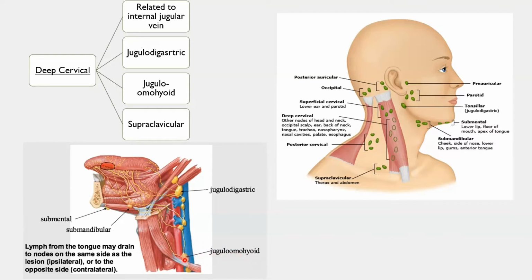This node is important because it drains all the lymph of the tongue. So all the lymphatics of the tongue drain through this jugulo-omohyoid lymph node. Okay, so if there's any disease of the tongue, this jugulo-omohyoid will be enlarged, and you may be able to feel it in the lateral aspect of the neck.